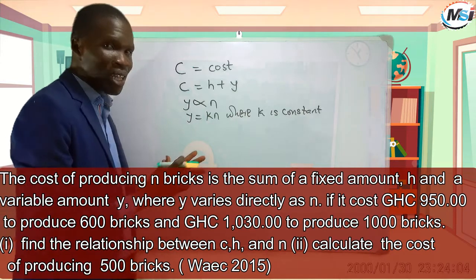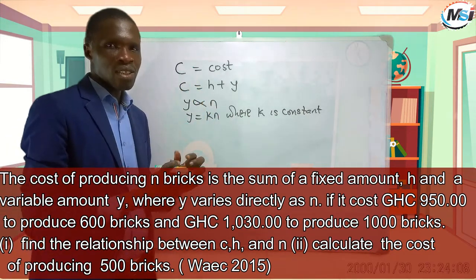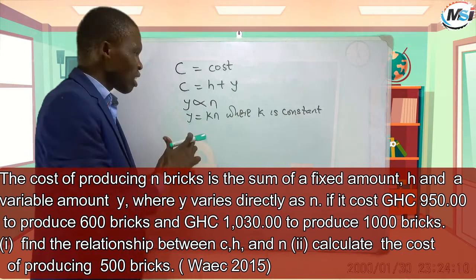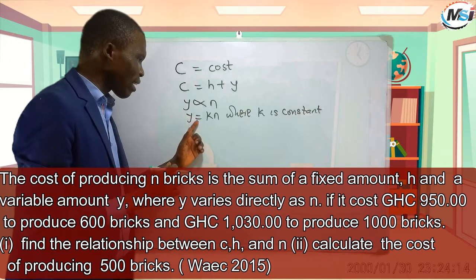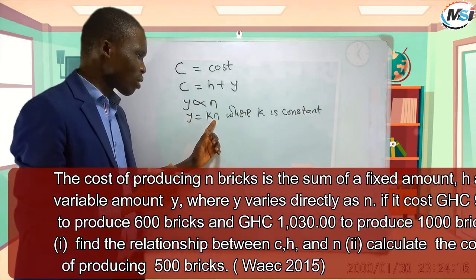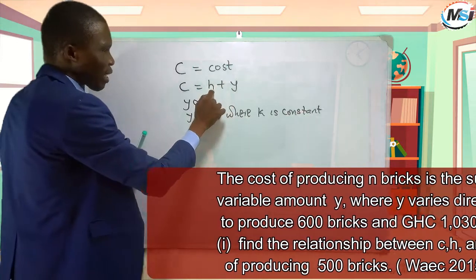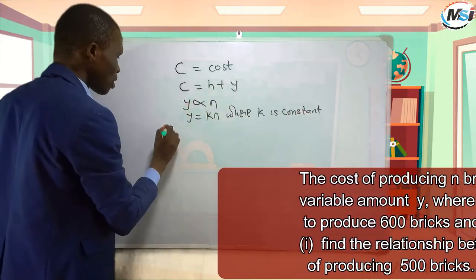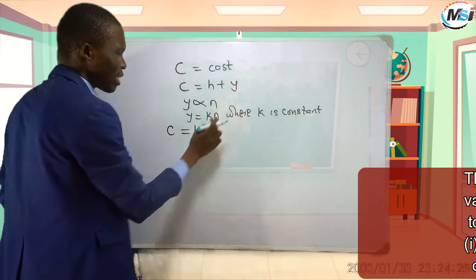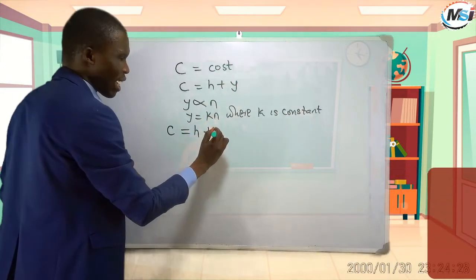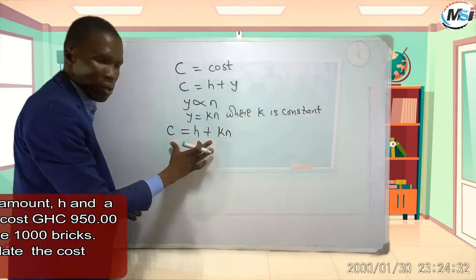Now the next statement is Y varies directly as N. That therefore Y equals Kn. So we now come back here. Therefore C will give us H plus Y, where Y is given to us as Kn.